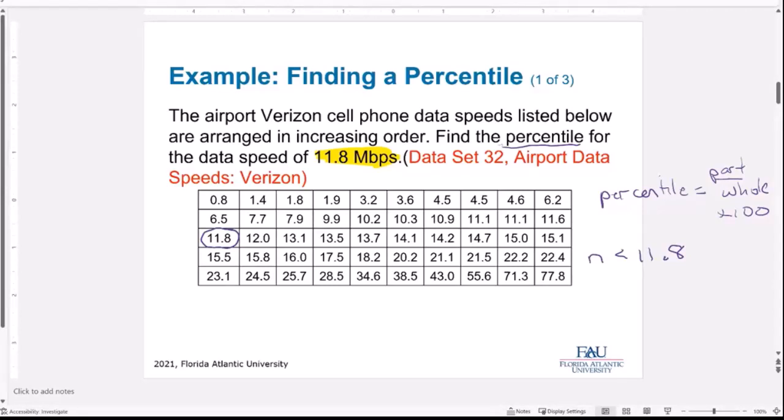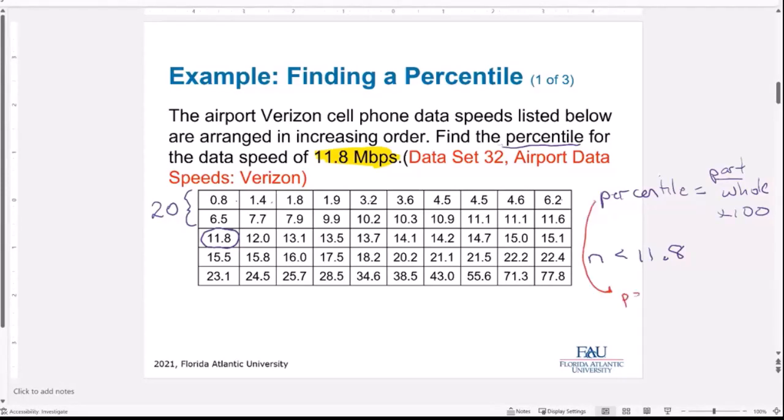Let's count. I have 1, 2, 3, 4, 5, 6, 7, 8, 9, 10. I have 10 numbers per row, and I have 2 rows of numbers. That gives me 20 numbers that are less than 11.8.